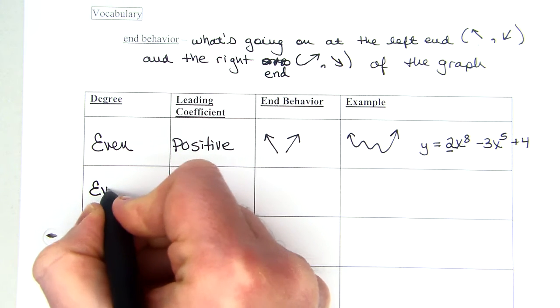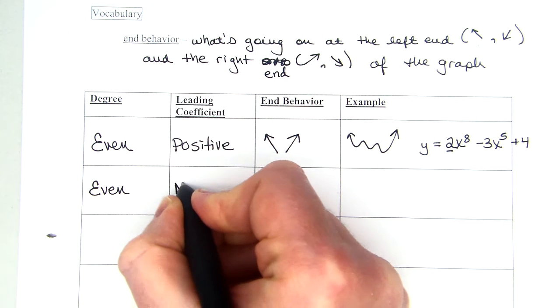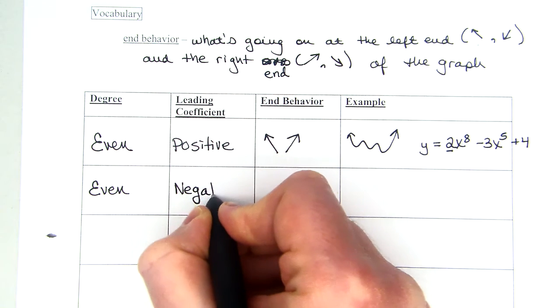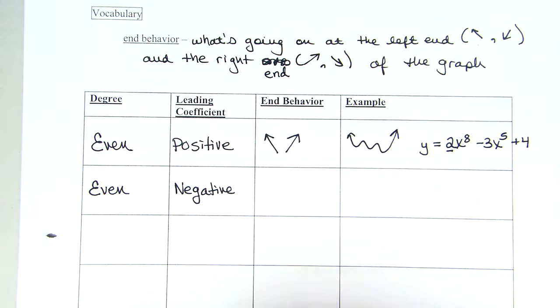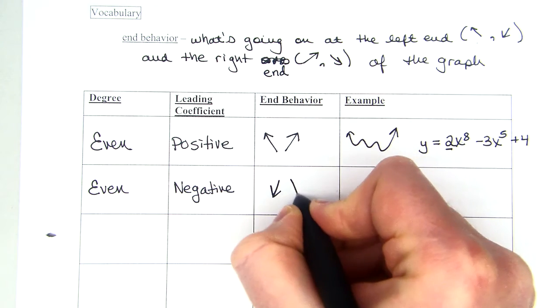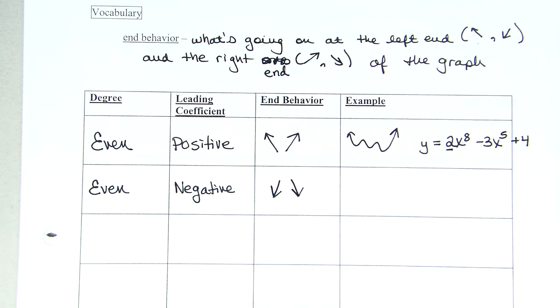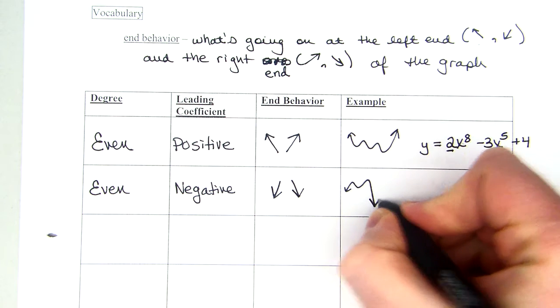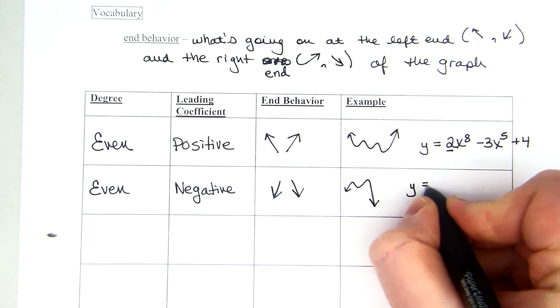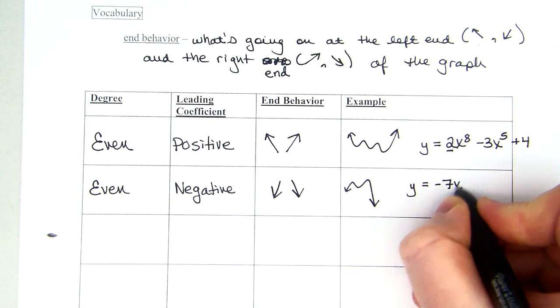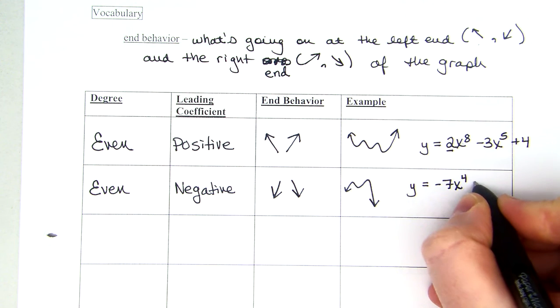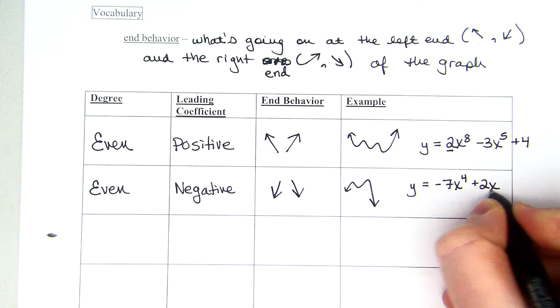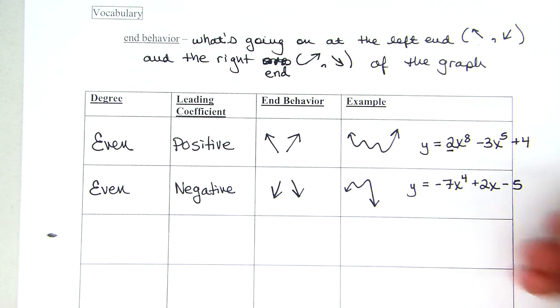We can also have an even degree and a negative leading coefficient. That would be down to the left and down to the right. It might look like this: y equals negative 7x to the 4th plus 2x minus 5 could be an example of that.